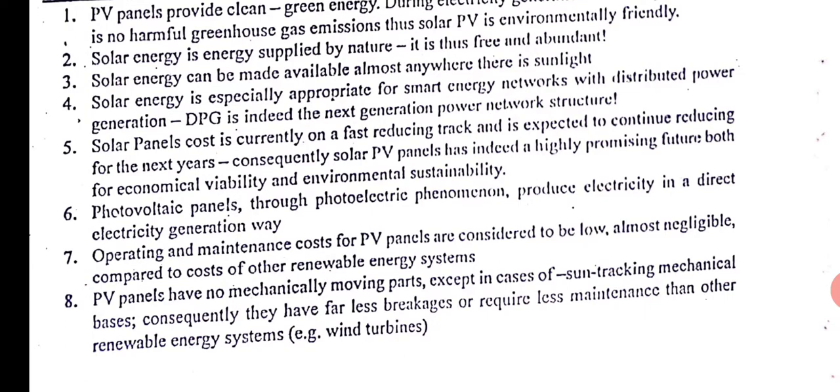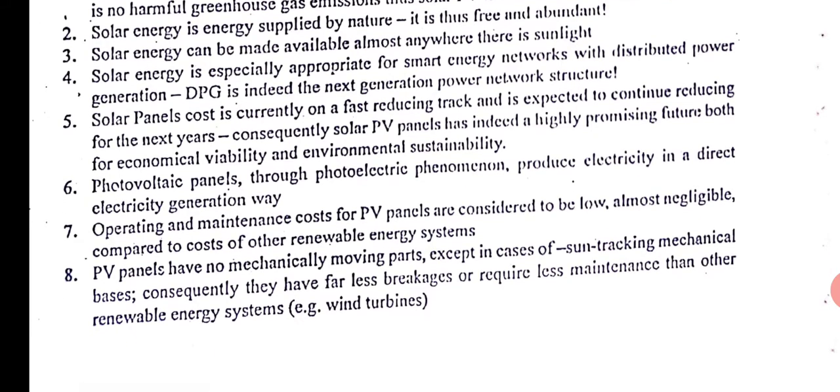Solar energy can be made available almost everywhere where you get sunlight. In a remote village you can have it, or in a city also. Solar energy is especially appropriate for smart energy networks with distributed power generation, DPG.